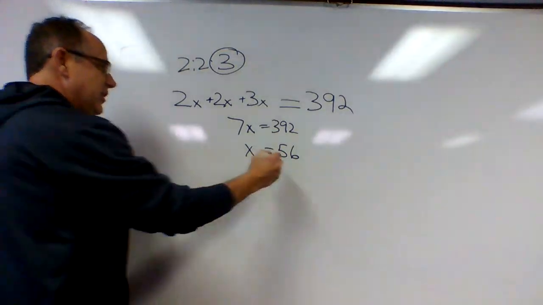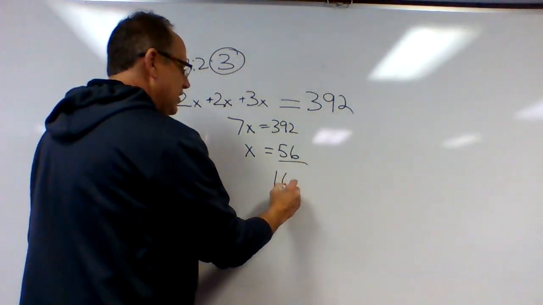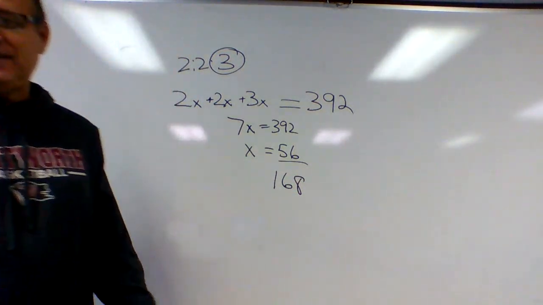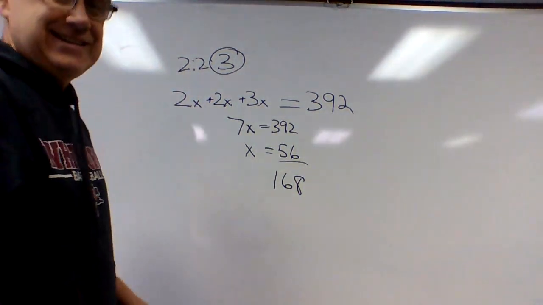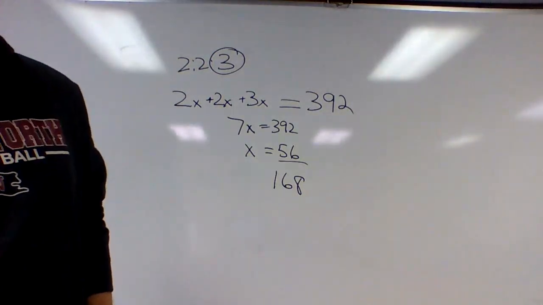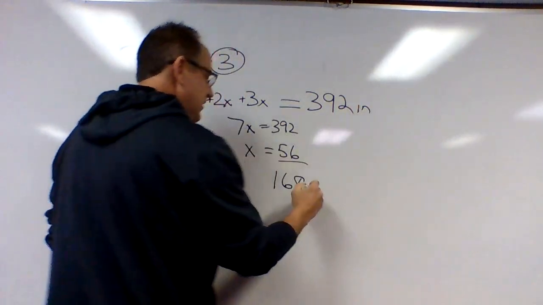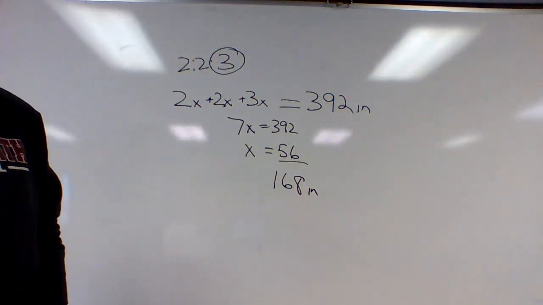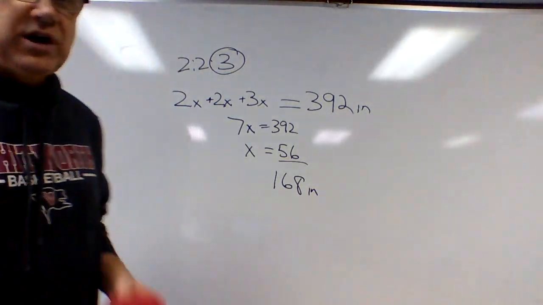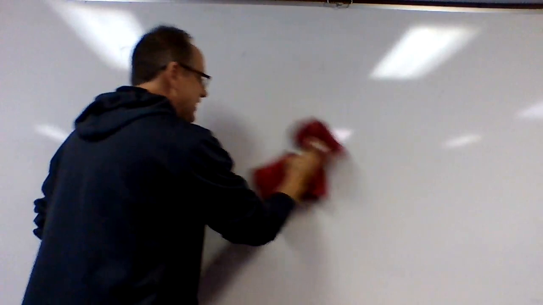So now we use our variable. 56 times 3 is going to be 168. And don't forget to put your measurement in. We had inches here, so always put our measurement in. So 168 inches.